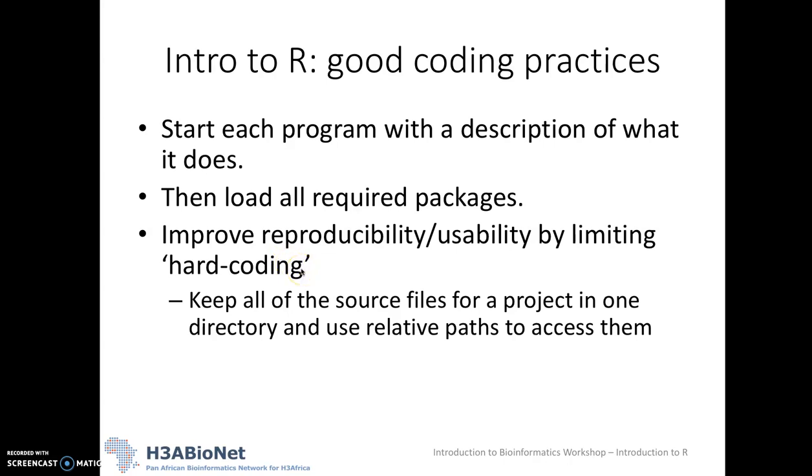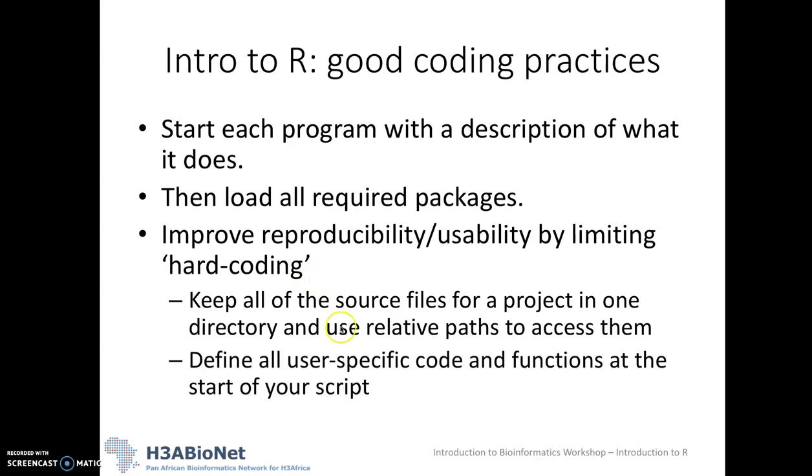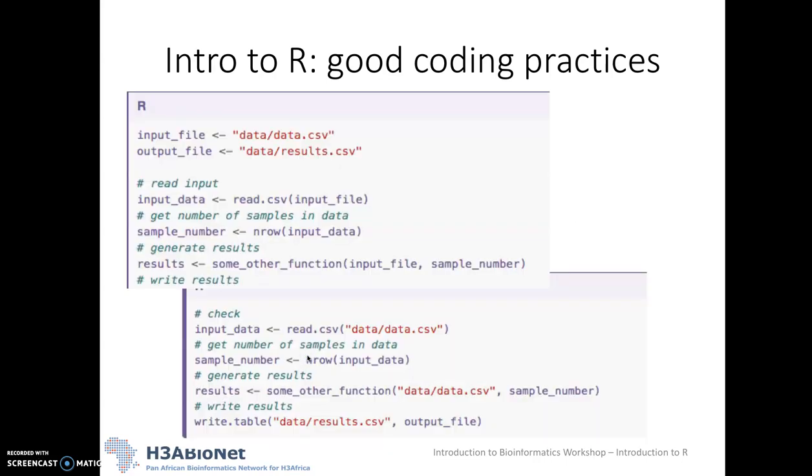That's exactly what we did by creating a project, so we didn't have to specify the absolute path where to find our input file. Then you want to define all user-specific code, such as a directory path that another user of your script might want to change, at the beginning of the script, so straight off they know what sections of code they might need to change.